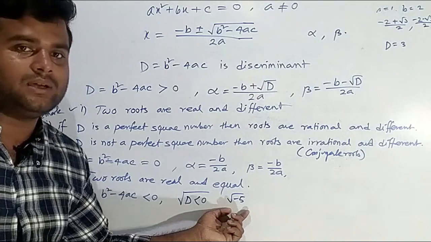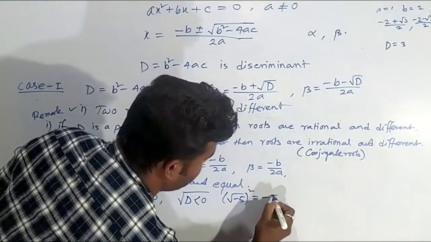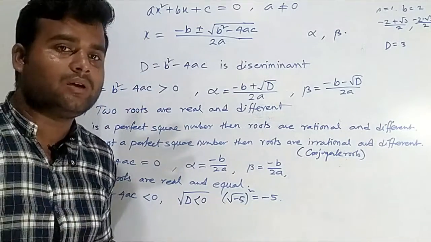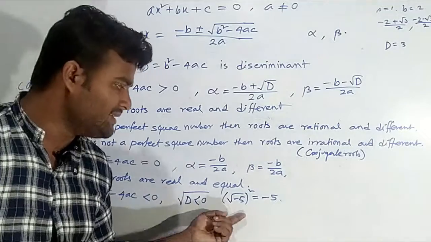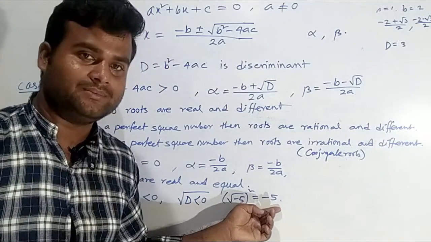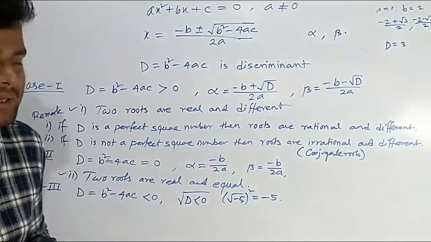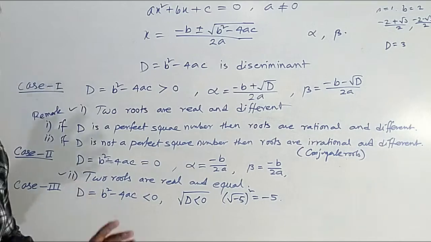This number is not a real number, because if we square this number, then we get −5. If the square of any number is positive, then the number is called a real number. But the square of this number is negative. That means this is not a real number. That means the two roots alpha and beta are not real roots.